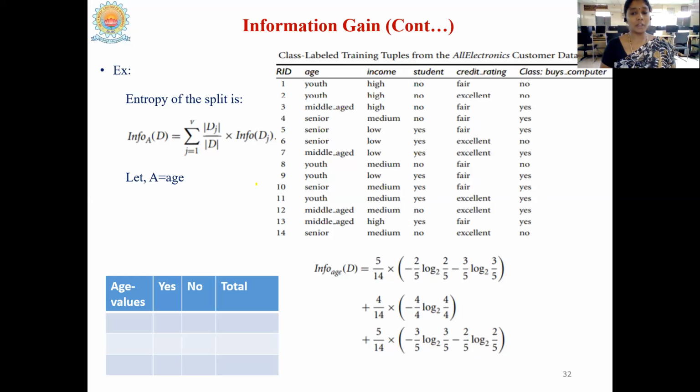Why? Because if you go through the remaining attributes, student consists of only two values, credit rating also only two values, fair and excellent, and even the class buys computer also has two values. So purely the multi-valued attributes, which have more values compared to the other attributes, are age and income. So the problem in information gain is that it is biased towards selecting the multi-valued attribute.